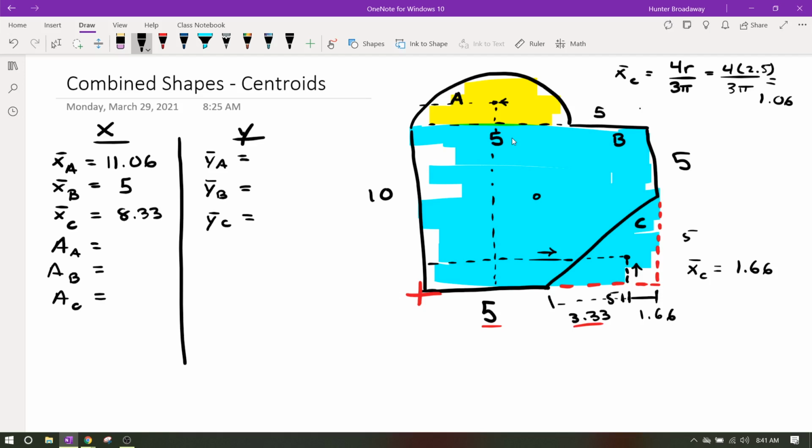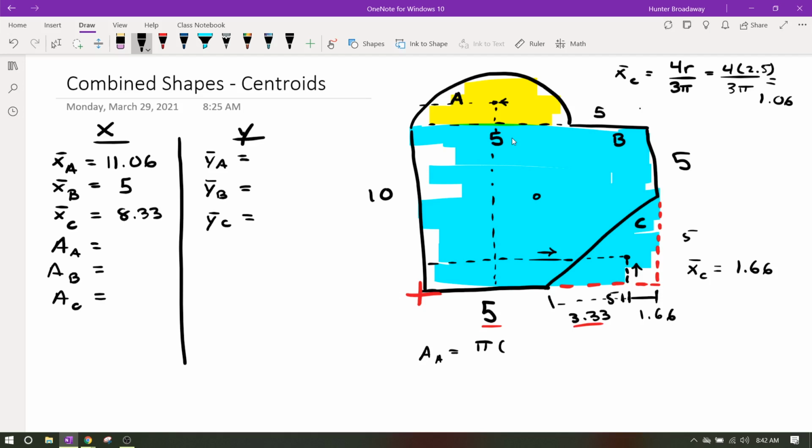Okay. You want to do the y bars next or the areas? Okay. Area of A is a semicircle, so it's going to be the area of that circle divided by 2. So what's the area of a circle? Okay, so the area of A is going to be pi times the radius.